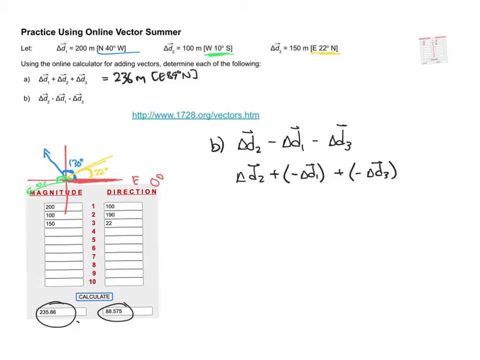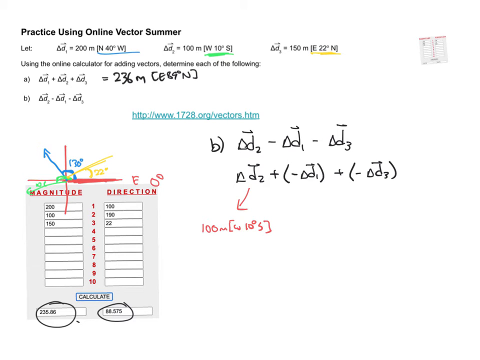So the negative of displacement 1, the way I do that is I just change north to south and I change west to east. I'll use colors here. The first one, D2, is 100 meters west 10 degrees south.